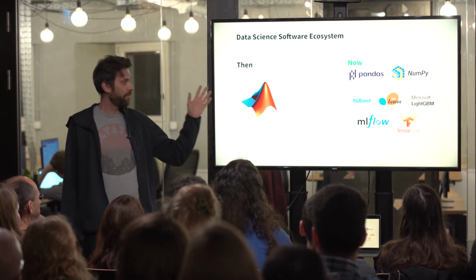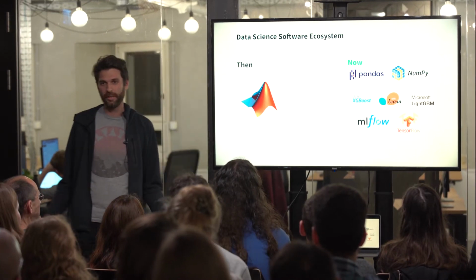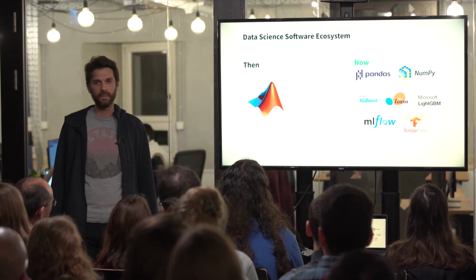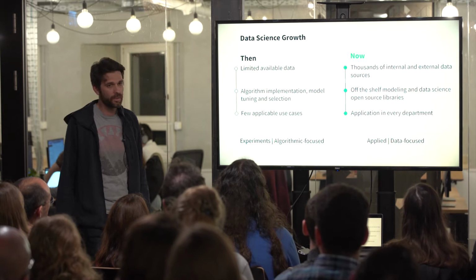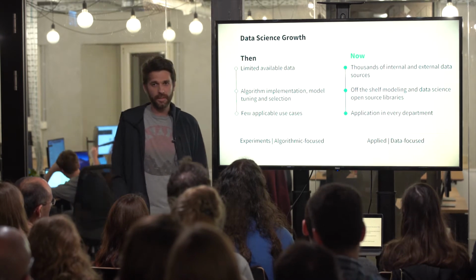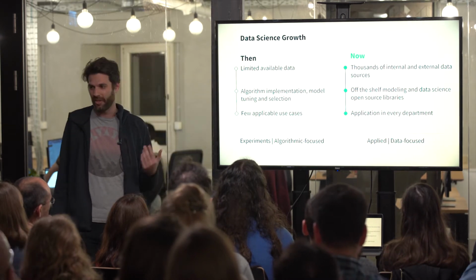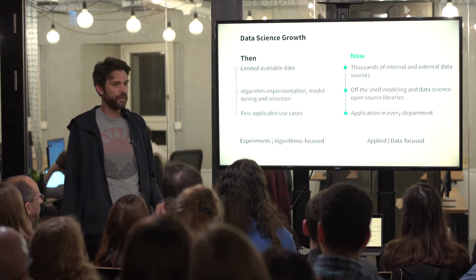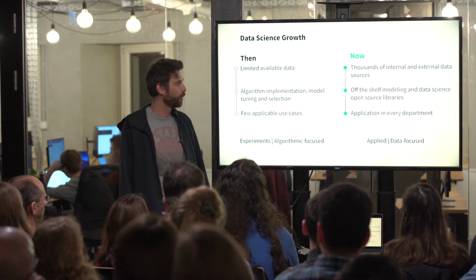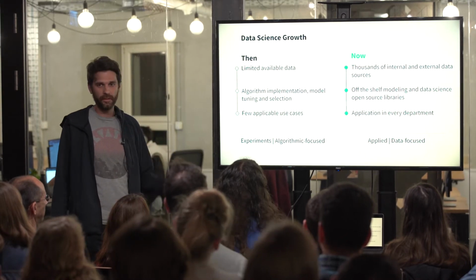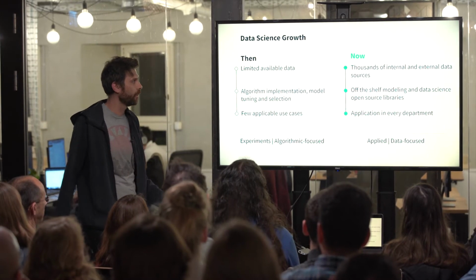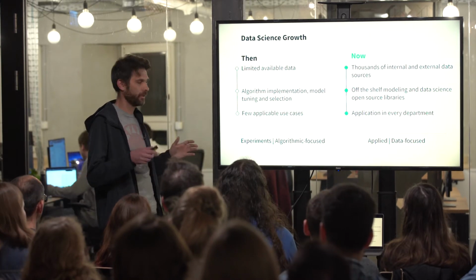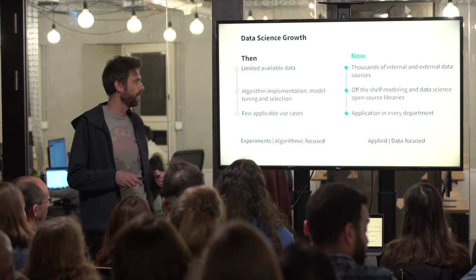But as time passed, the ecosystem matured, and we developed a lot of wonderful libraries and implementations. The focus of what we do as data scientists, which wasn't even called data science back then, moved to different parts of the process. About 10 or 15 years ago, we were working with limited data, and a lot of focus was on the implementation of the algorithms.